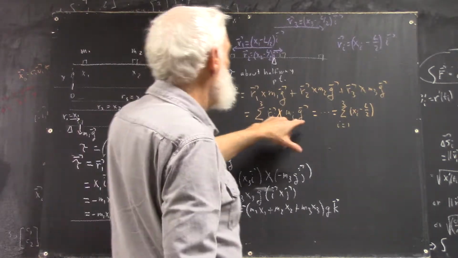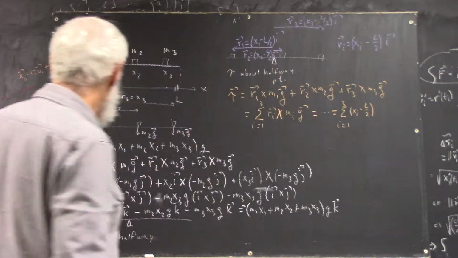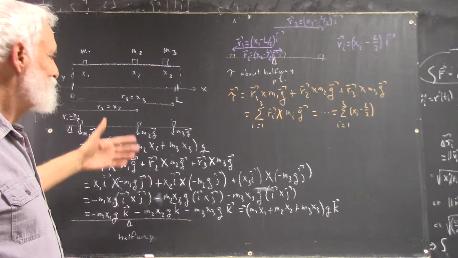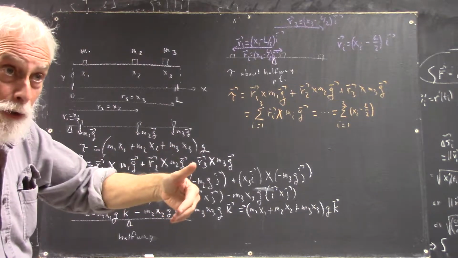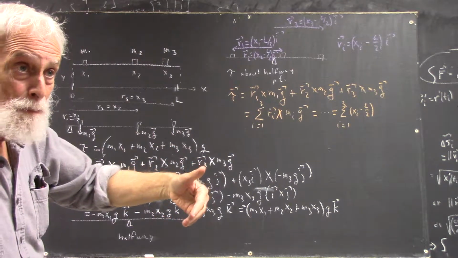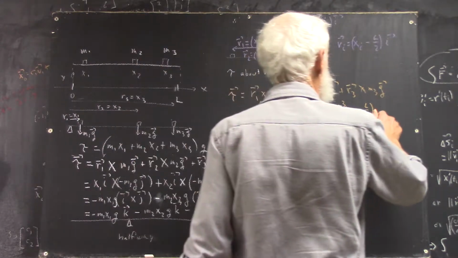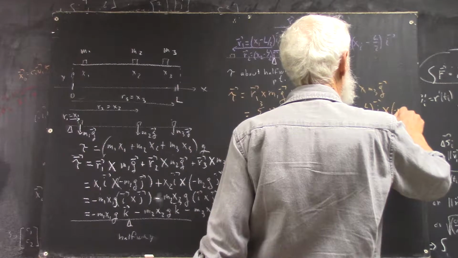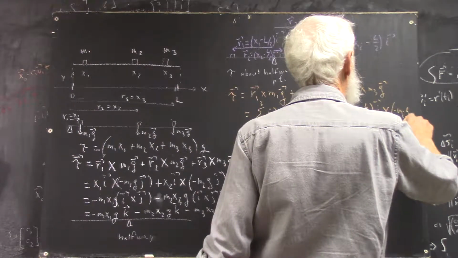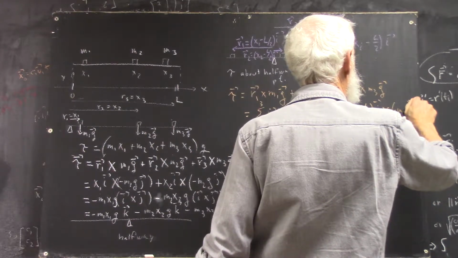And g, mg, of course, is negative mi g j, right? So it's this times i cross negative mi g times the j vector.